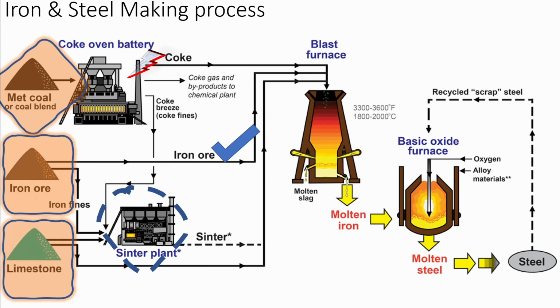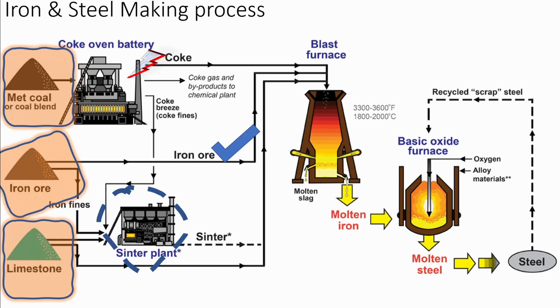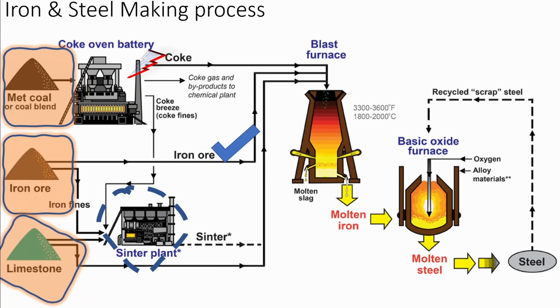Like we talked about, there are three major ingredients, be it coal, be it iron ore, and the limestone. So all these three ingredients are used in making steel. And like I said, coal cannot be directly used, so coal will be converted into coke through coking oven batteries.